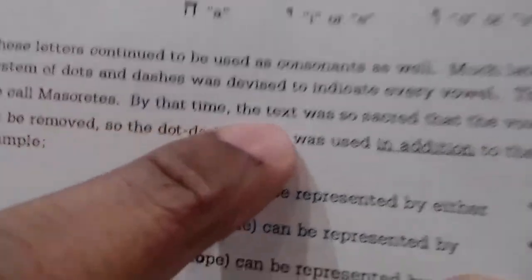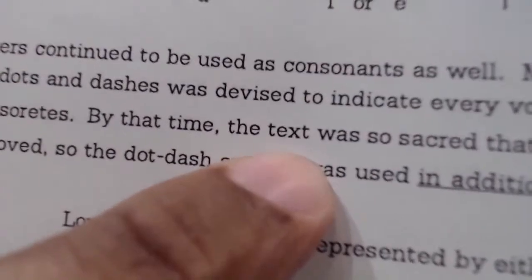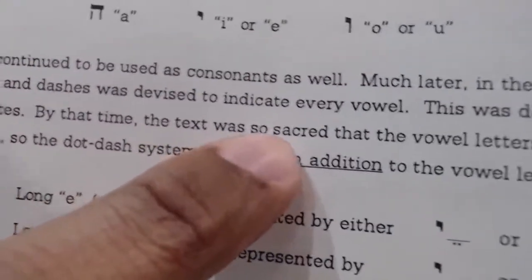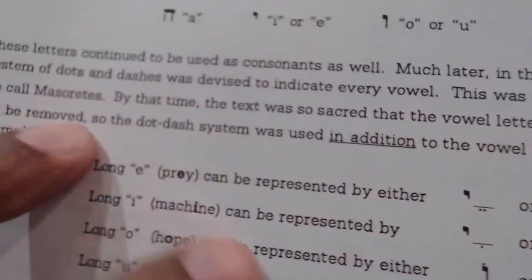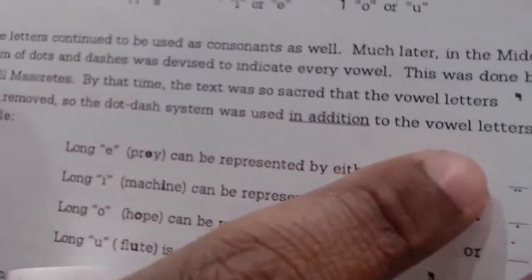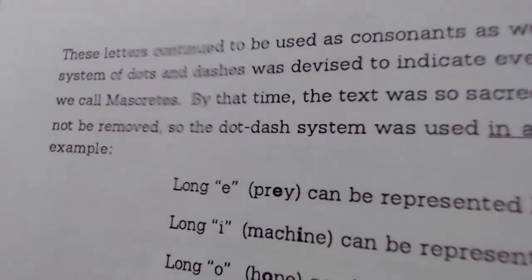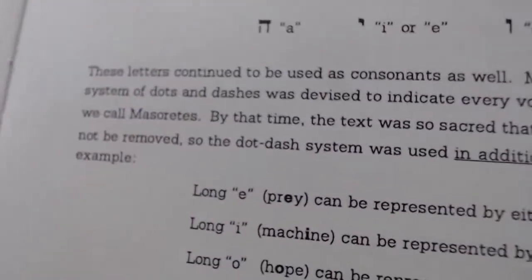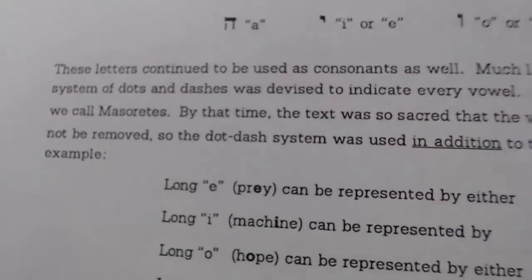By that time, the text, what text are we talking about? The Bible. The text was so sacred that the vowel letters could not be removed. So that was the addition to the vowel letters. And what this is saying in between the lines is that they did not want to change the text. That's what they're trying not to say.